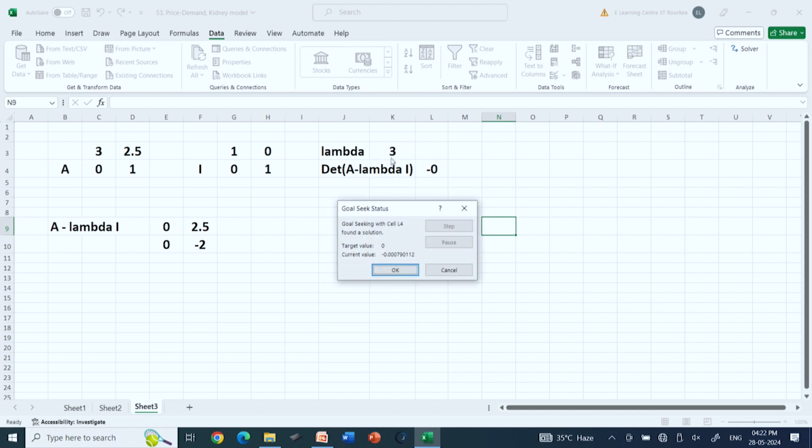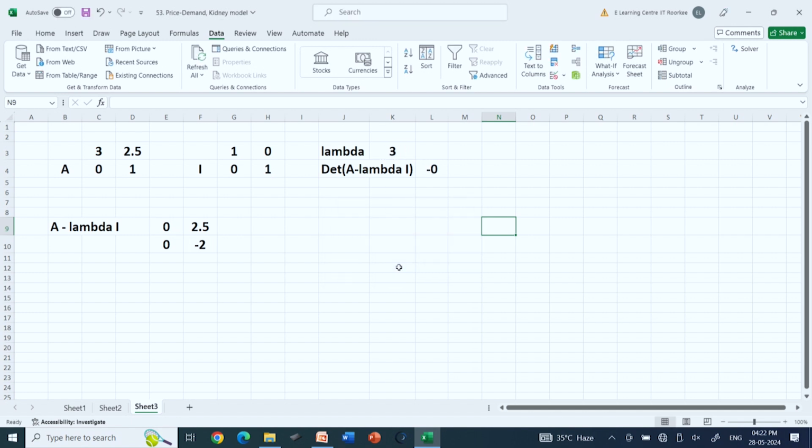Okay, now it comes to 3. This is a little disadvantage, but it works quite well. If you play with it a little, with a few iterations, you will get all the eigenvalues. So this is a technique for how you can calculate eigenvalues using Microsoft Excel.